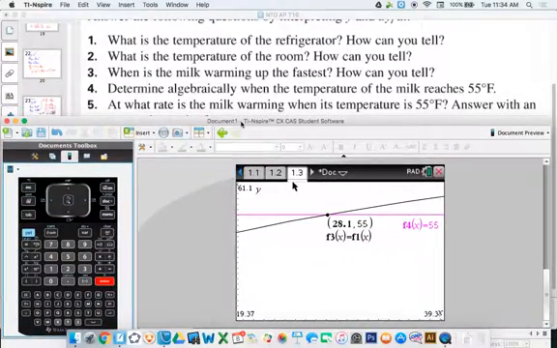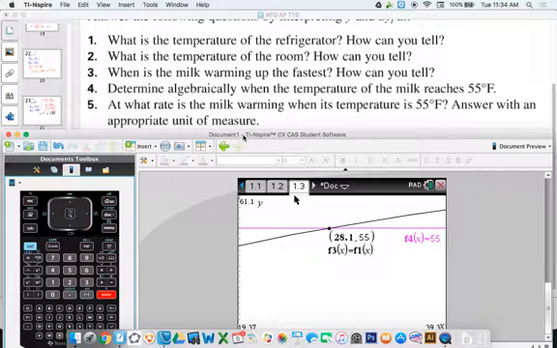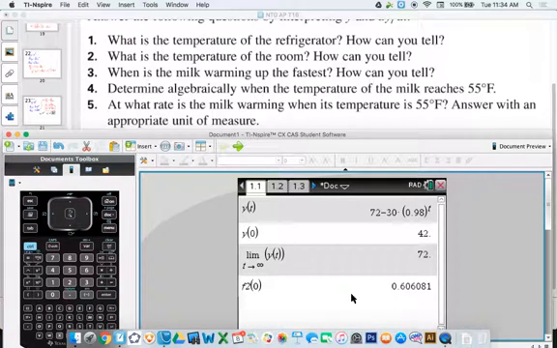Now, as you continue, at what rate is the milk warming up when its temperature is 55 degrees? Well, we know the time. Its temperature at 28.1 minutes is 55 degrees. So we just need to go back and put that time into the derivative.